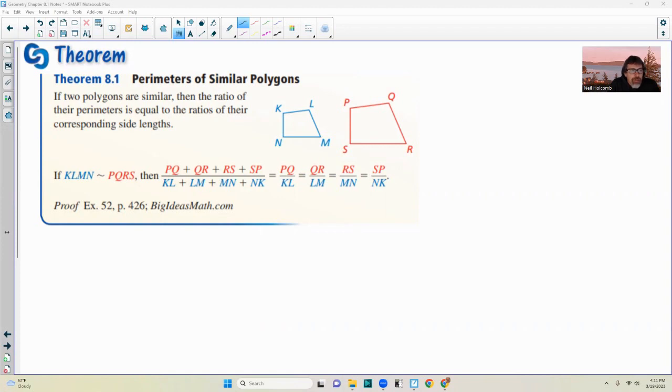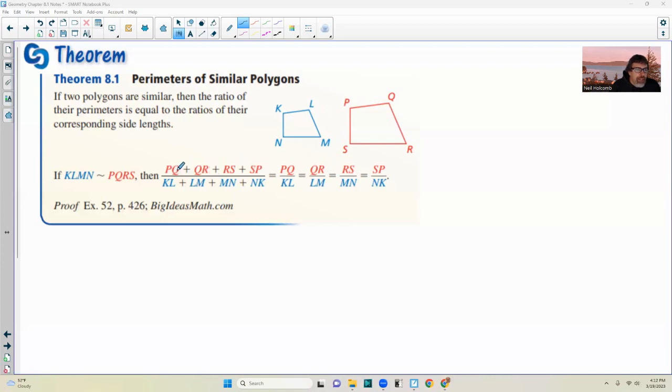So if quadrilateral KLMN is similar to quadrilateral PQRS, then PQ plus QR plus RS plus SP over KL plus LM plus MN plus NK would equal PQ over KL, which is equal to QR over LM, which is equal to RS over MN, equal to SP over NK.